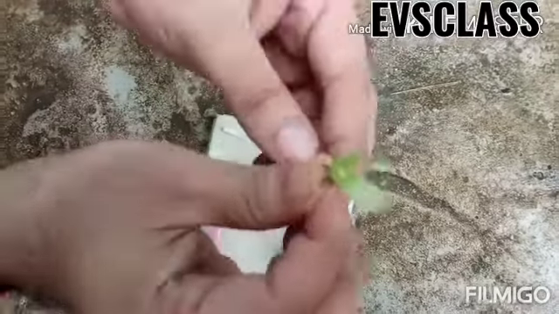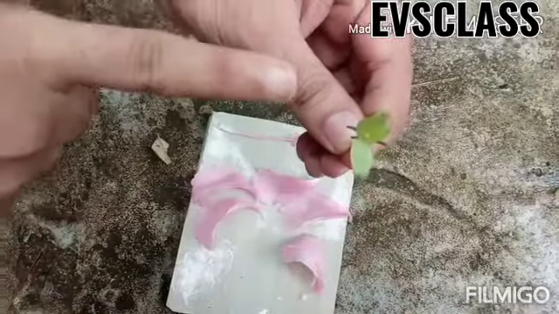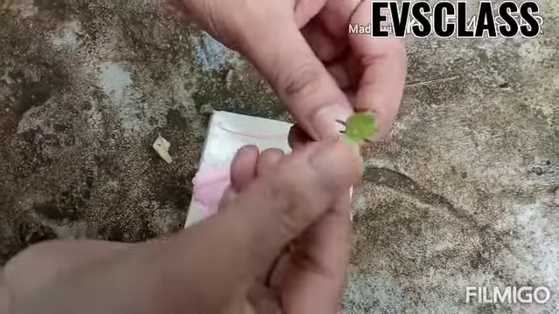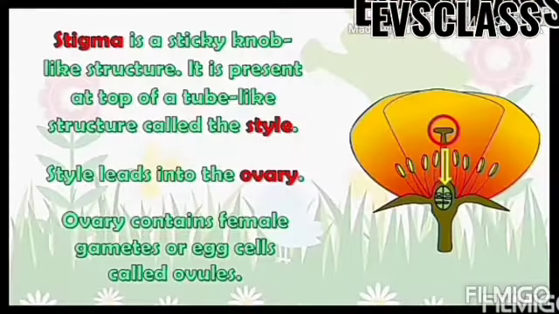Now the style is split open and the ovary is removed. The ovary is opened to reveal the tiny ovules, as you have already seen in the diagrams.